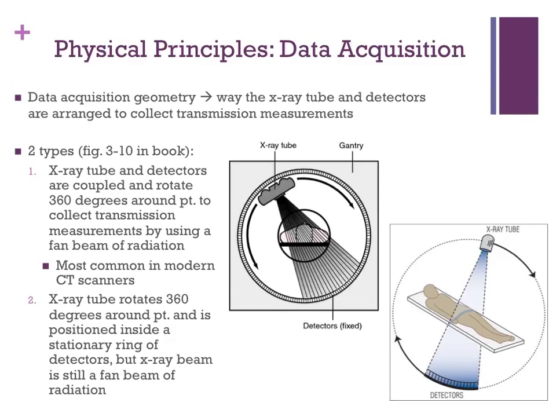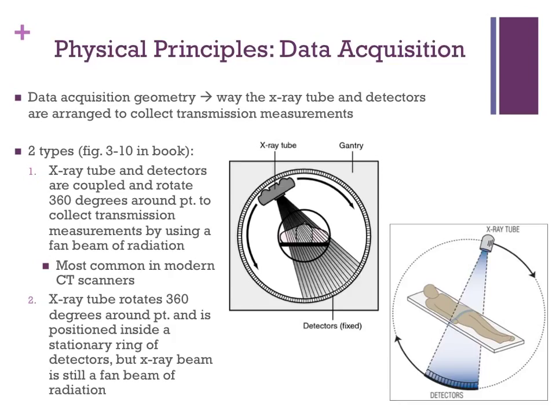Then there is another type where the X-ray tube rotates 360 degrees around the patient and is positioned inside a stationary ring of detectors, but the X-ray beam is still a fan beam.